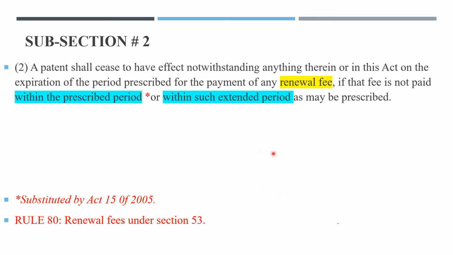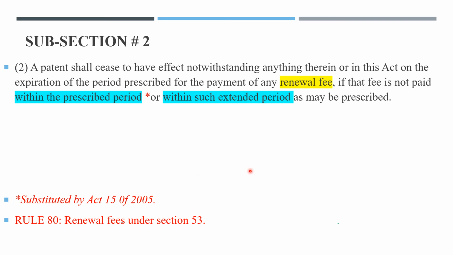When we go to the details, we can correlate very well. What are the subsections where Rule 80 and section 53 are related? Fine. So we can say one thing, that renewal fee is required to be paid annually to keep the patent in force. Restoration of patents is possible if applied within 18 months from the date of lapse. Actually, this is not written here, but you can remember.